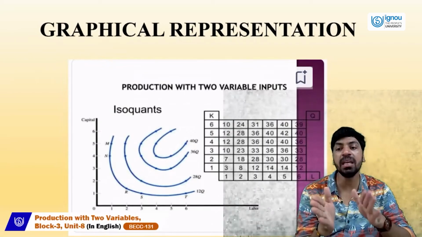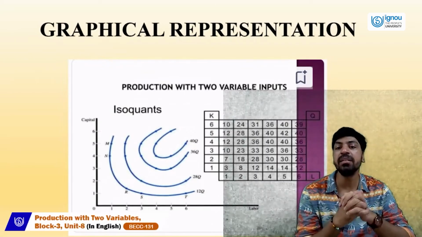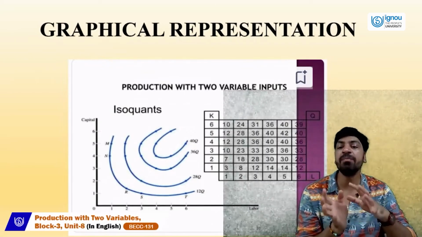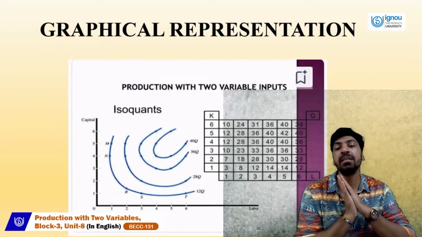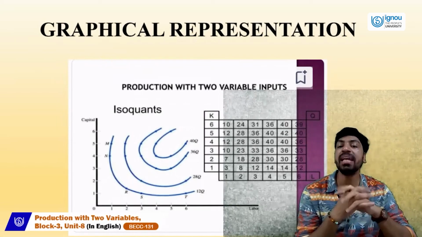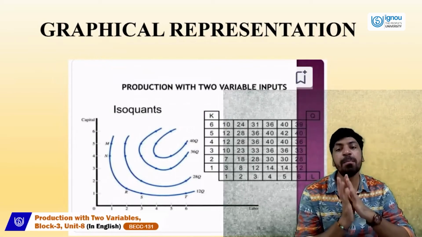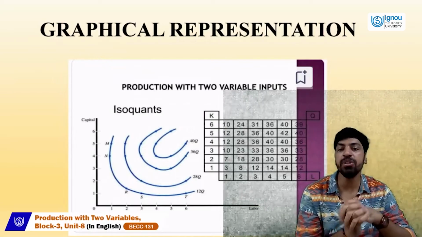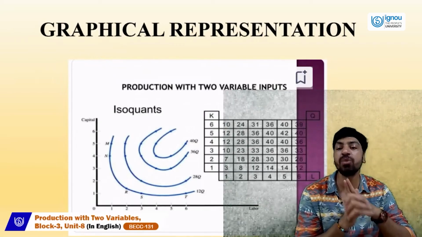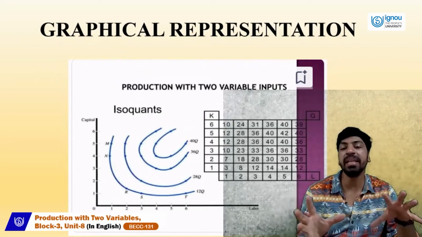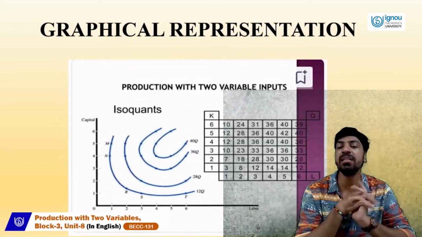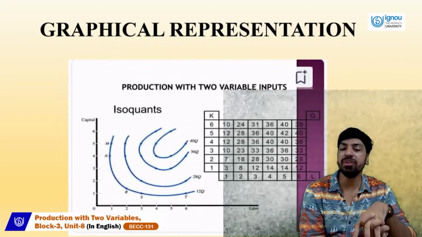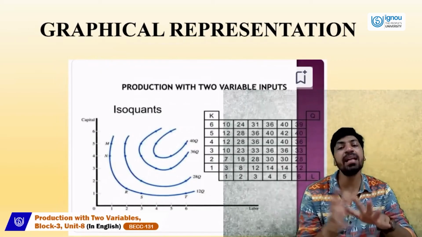If we combine capital and labor around 6 and 1, you will get an output of 10. If you combine 5 and 1, you will get an output of 12 units. So these are the combinations, and the data prescribed is 10, 12, 12, 10, 7, 3, 24, 28, and so on.